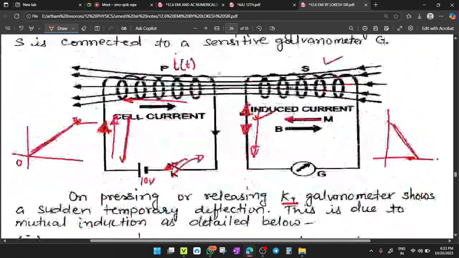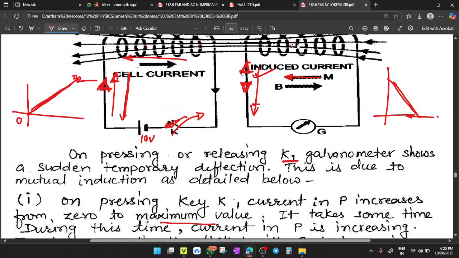I just said if the current is decreasing, the induced current will have the same direction as in the primary circuit, right? So it will encourage. As it is decreasing, it will encourage, and if it is increasing, it will discourage. Okay?